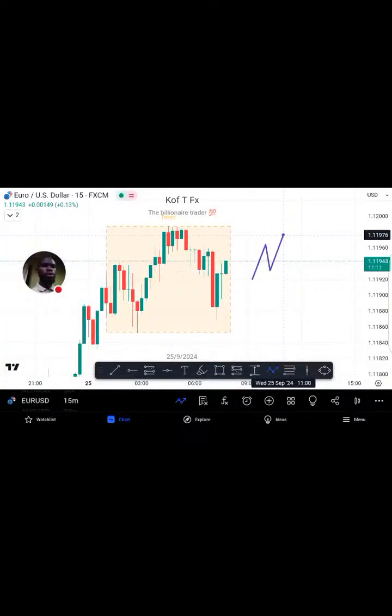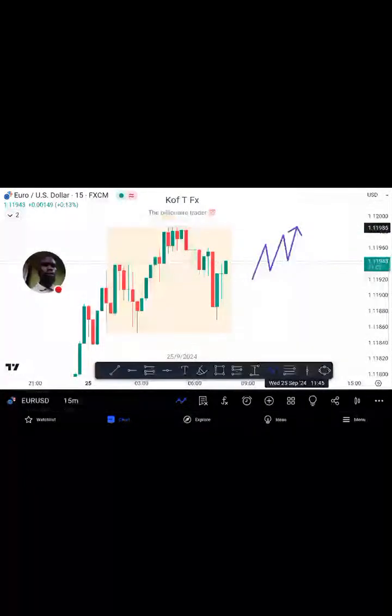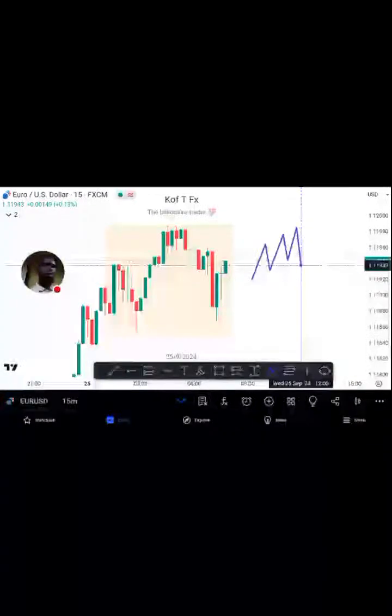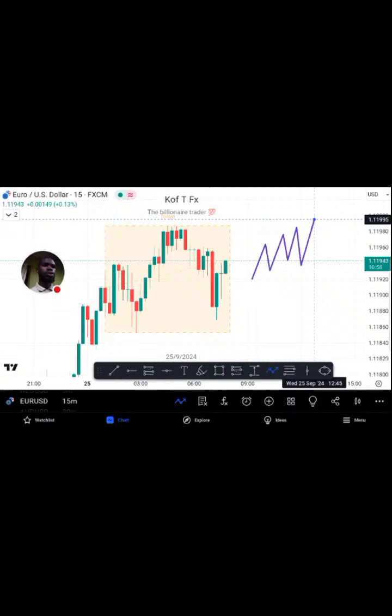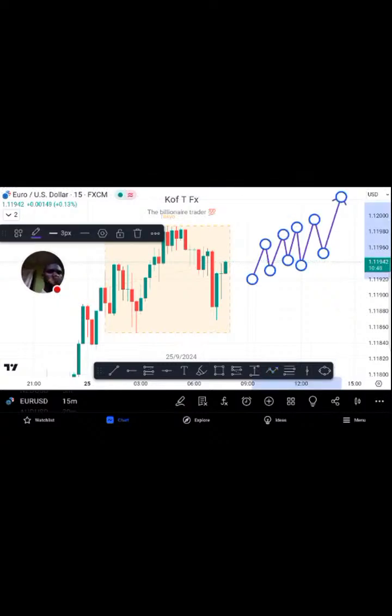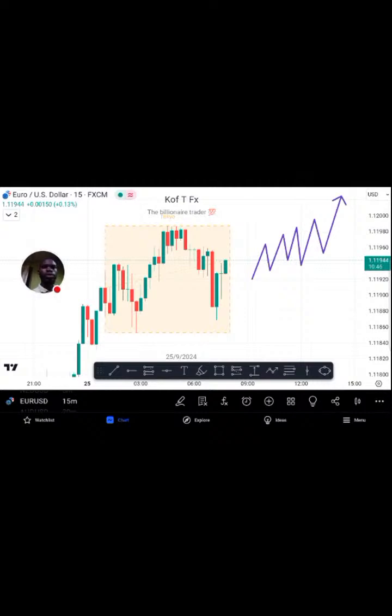A bit of structure, pull back, another break of structure. Now we have taken a liquidity gap, then another break of structure. Then we are expecting a pullback during London session to continue our buy. This is what we are actually looking out for.